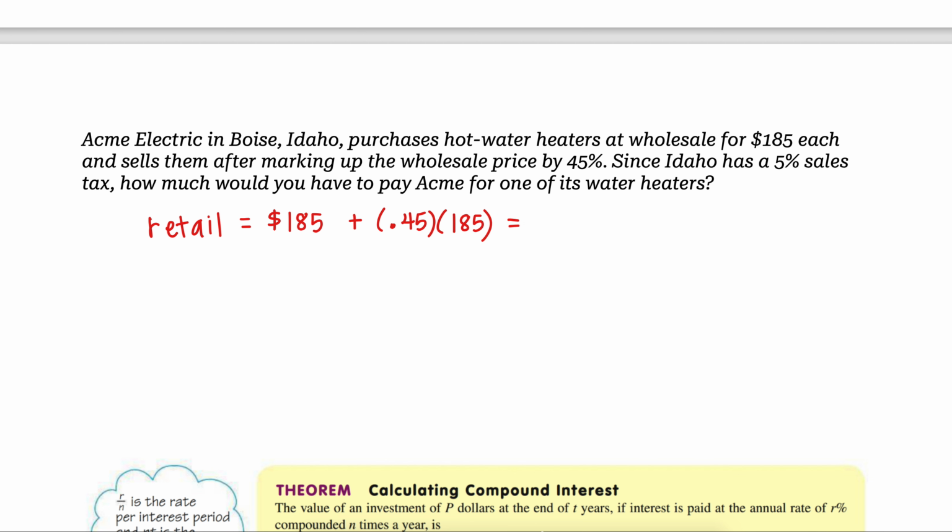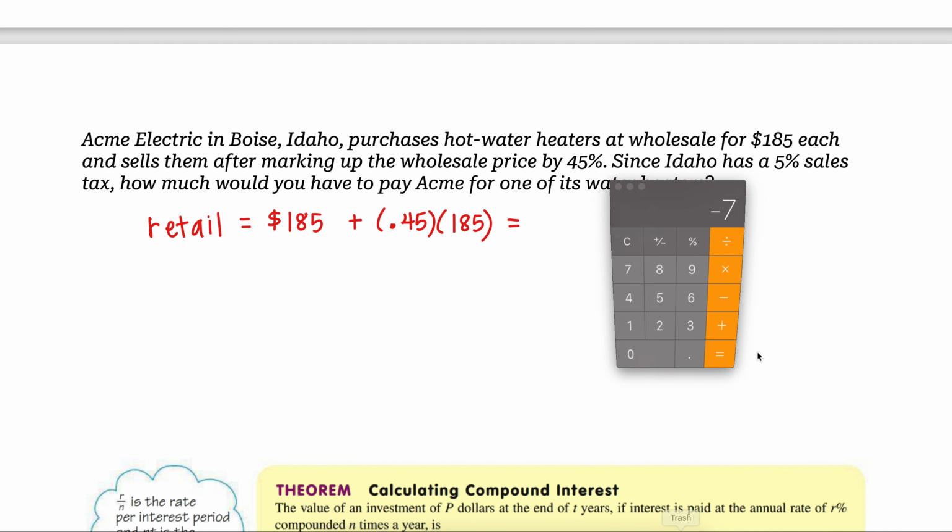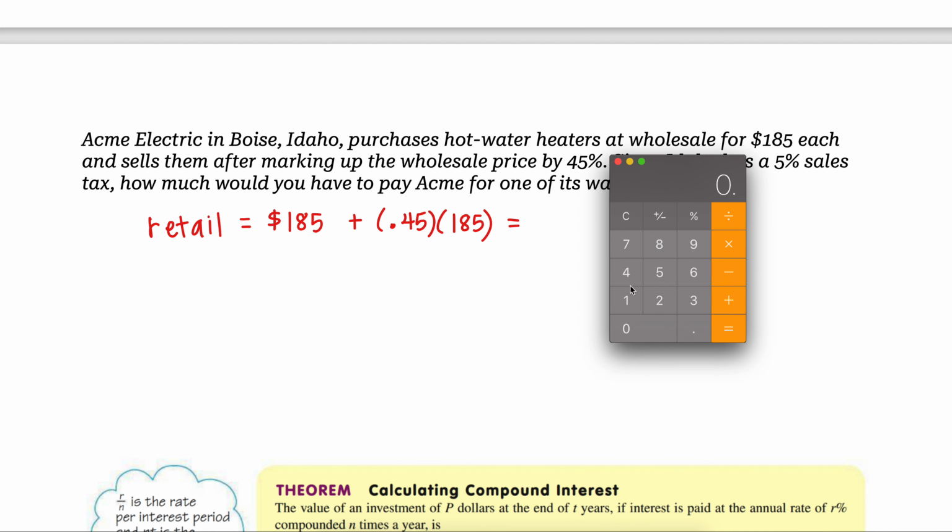So I'll go to the calculator. We have 0.45 times 185. So that means they're marking it up by $83.25. Add that to the wholesale price. So that means Acme will charge $268.25 for one of its water heaters.